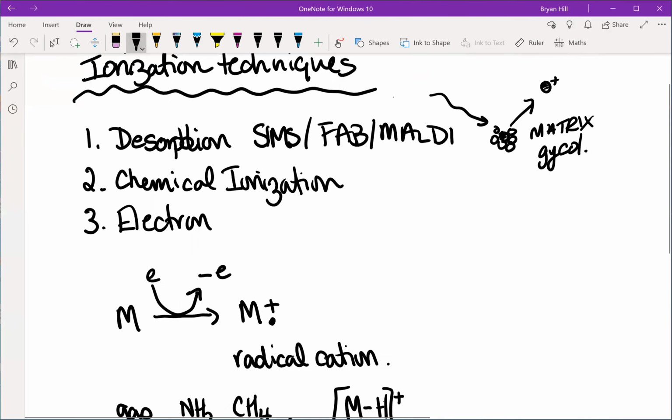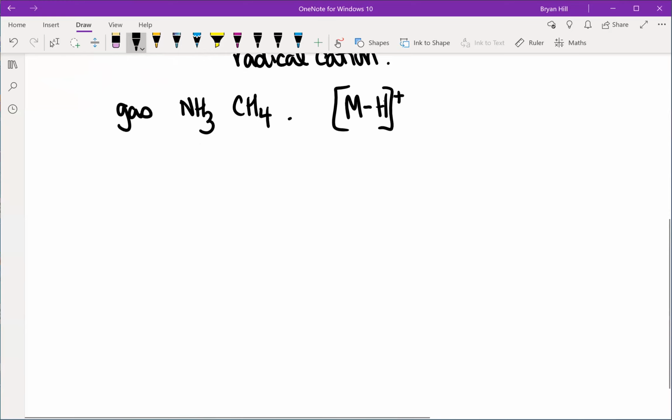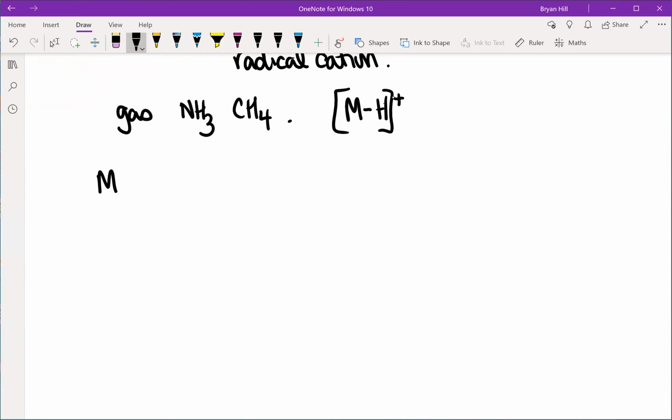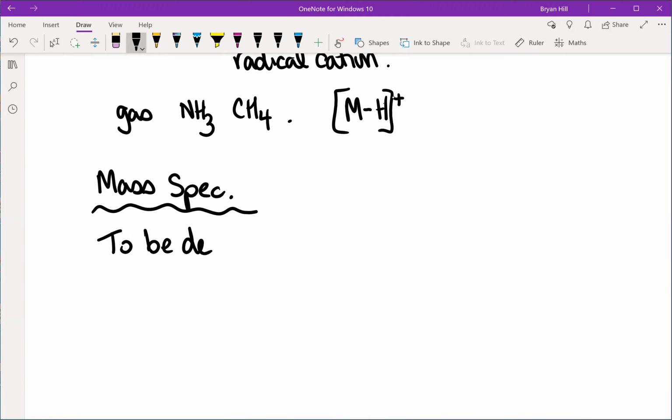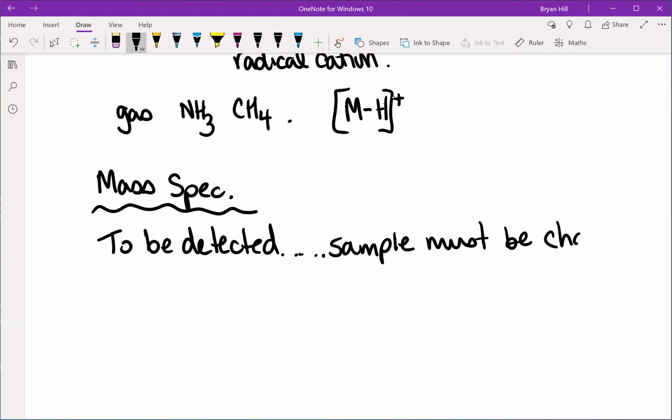Now, the key part in mass spec is that to be detected, the sample must be charged.